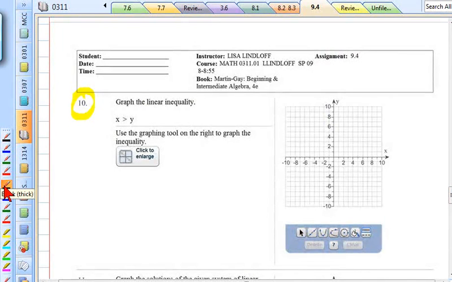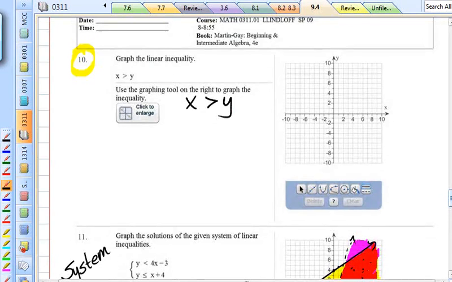Now, it starts out, it looks super, super easy, and it will be, but there's a little kink to it. It's x is greater than y. The way I've been talking about the inequalities with the y's, I have to have y written first because I'm saying, is y greater than this or is y less than this?